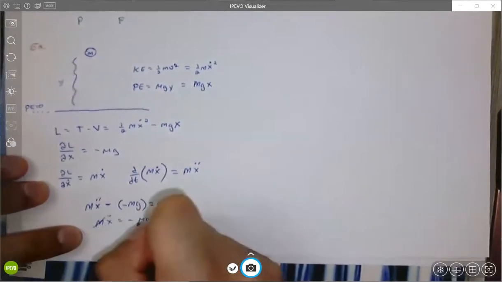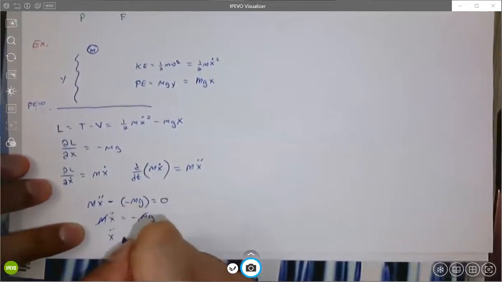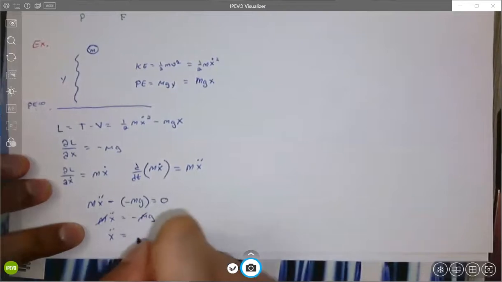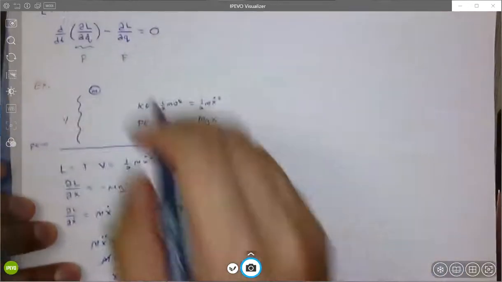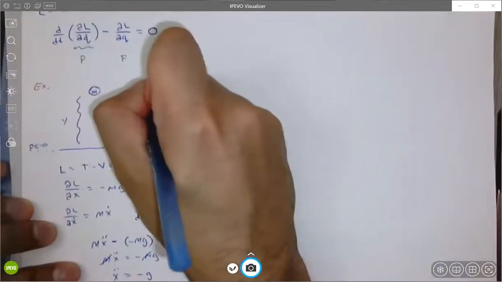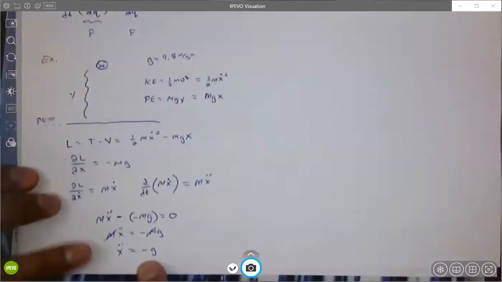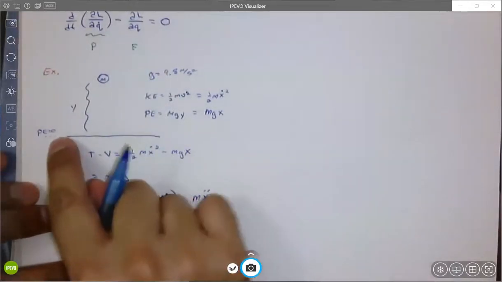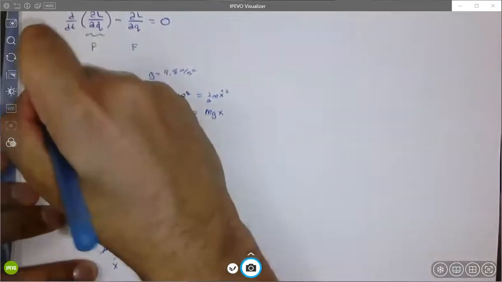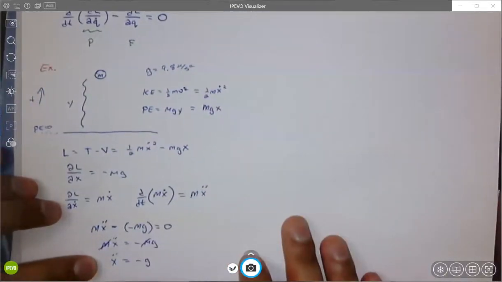The m's cancel out, and what we're left with is x double dot equal to negative g, where g is 9.8 meters per second squared. So the acceleration, since we're calling up to be positive, and the potential energy was 0 here, this is the positive direction. The acceleration is going to be negative 9.8 meters per second squared.